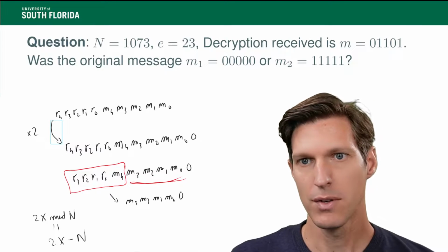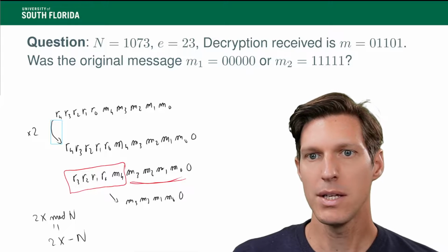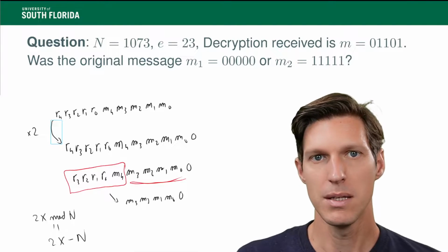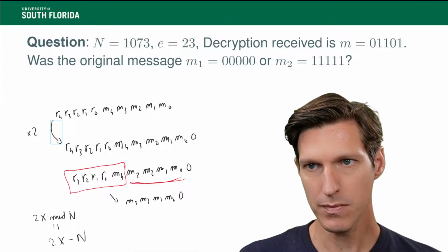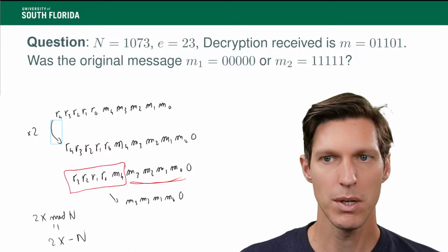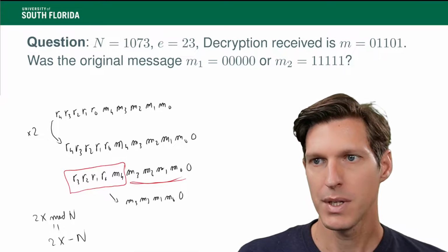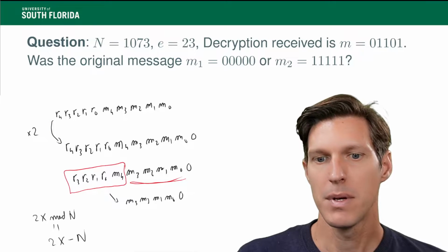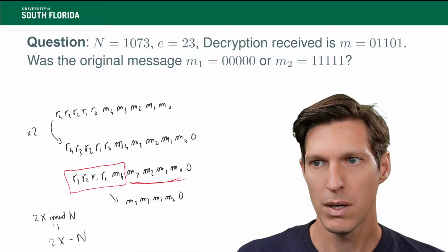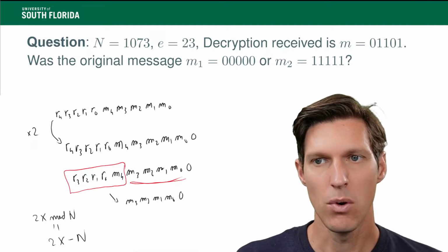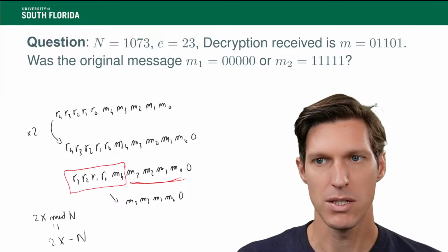So we have n equals 1073. So of course, conveniently, I'm looking at 10-bit numbers, and e is 23, but it doesn't really matter. And then the decryption that we receive, M, is 01101, okay? And the 2 messages that were sent originally were the all 0 and the all 1s message, okay?